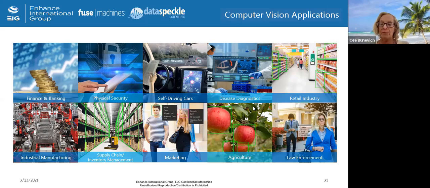So extremely important, because in disease, early diagnosis is the key to success. It's being used already in retail. Obviously, yes, we've got computer vision definitely working in industrial manufacturing today and in supply chain.